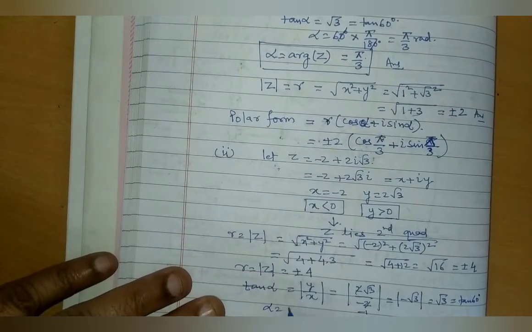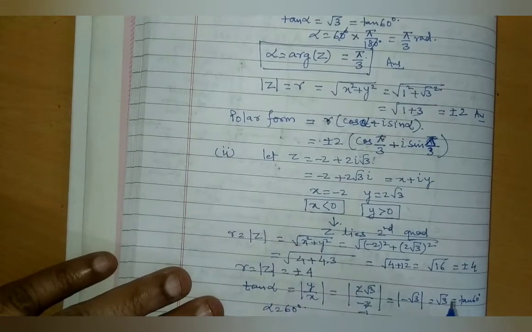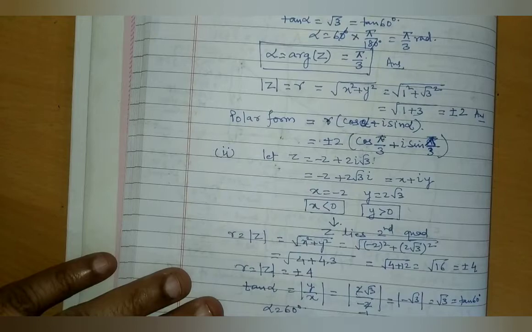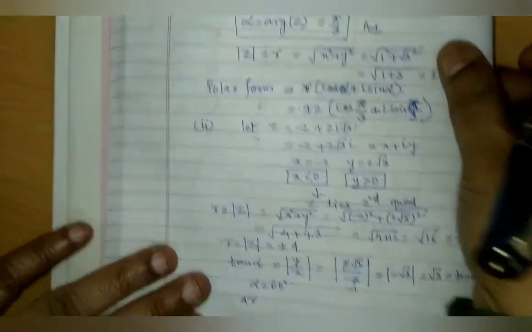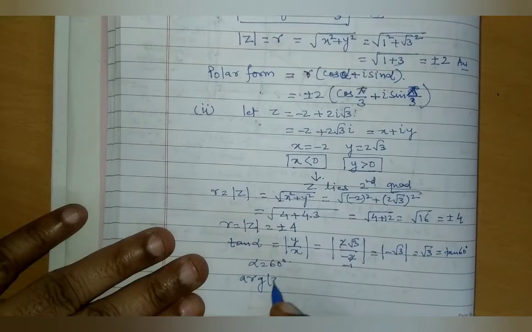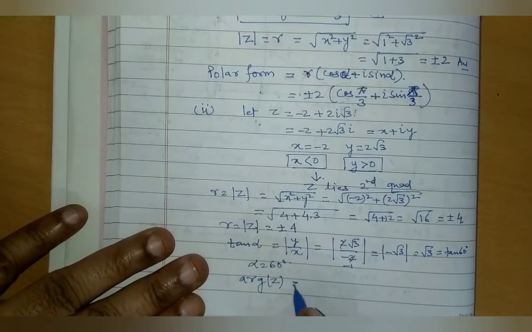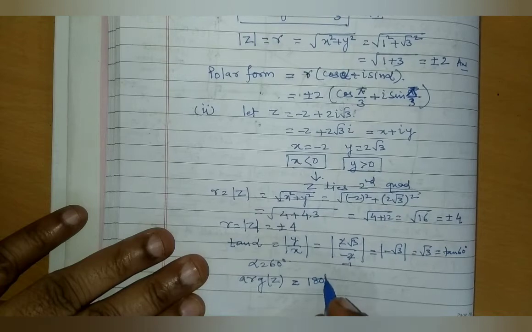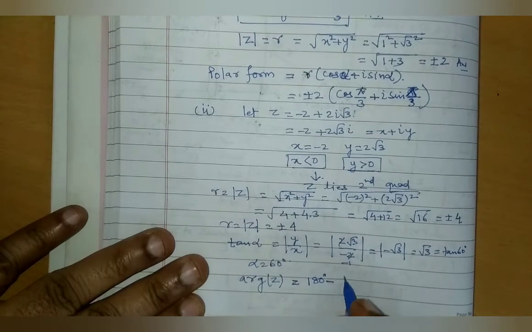So alpha is equal to 60 degree, but the complex number lies in which quadrant? In the second quadrant. Therefore argument is equal to 180 degree minus alpha.